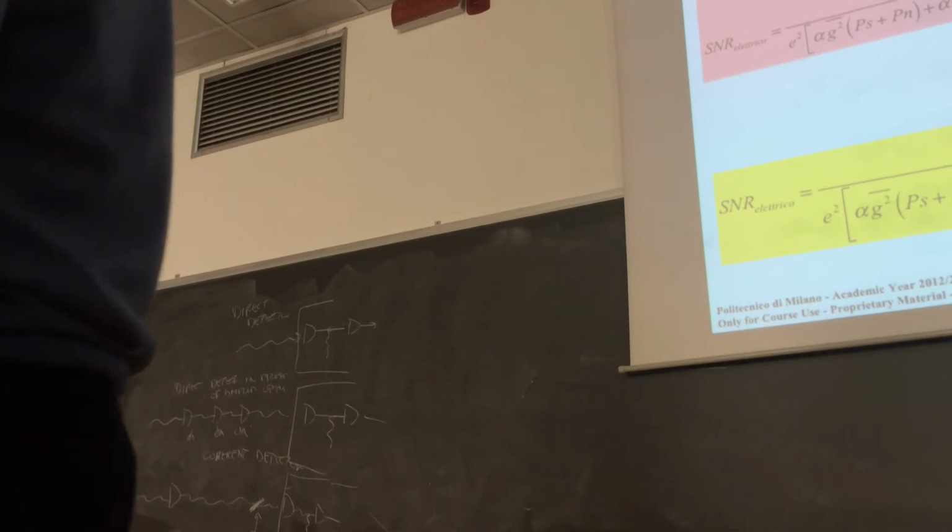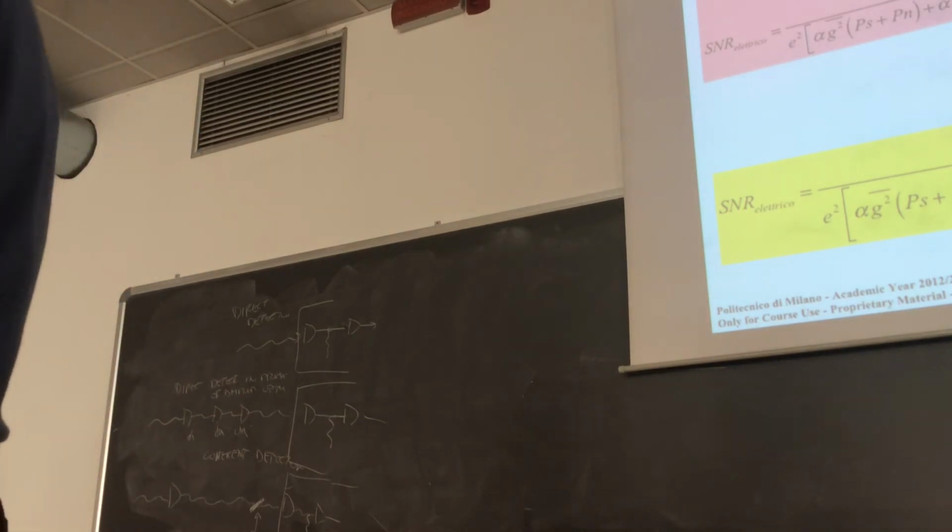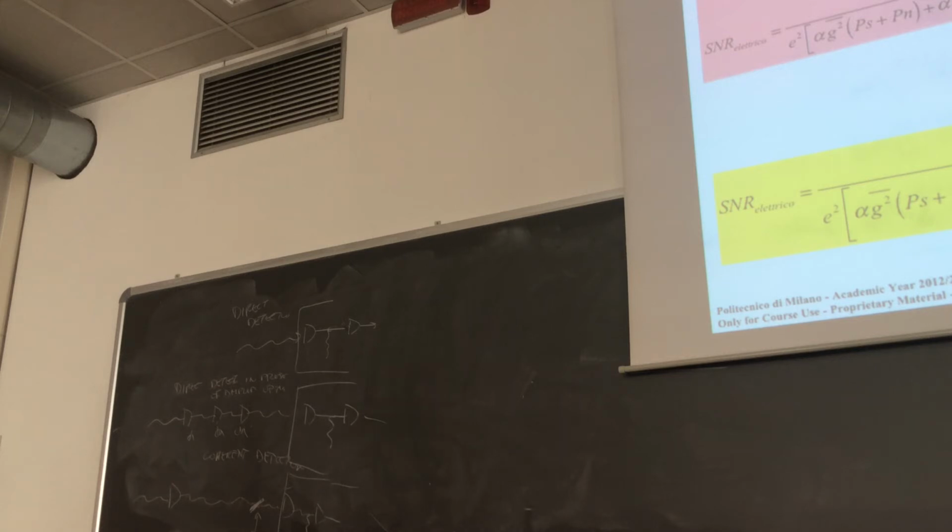Direct detection in presence of amplifier. Why is this important? Because the amplifier adds thermal light in the system, okay? And direct detection with amplifier, but in presence of a local oscillator. This is called local oscillator. That's a mix. We see this in detail. This last detection is called coherent detection.